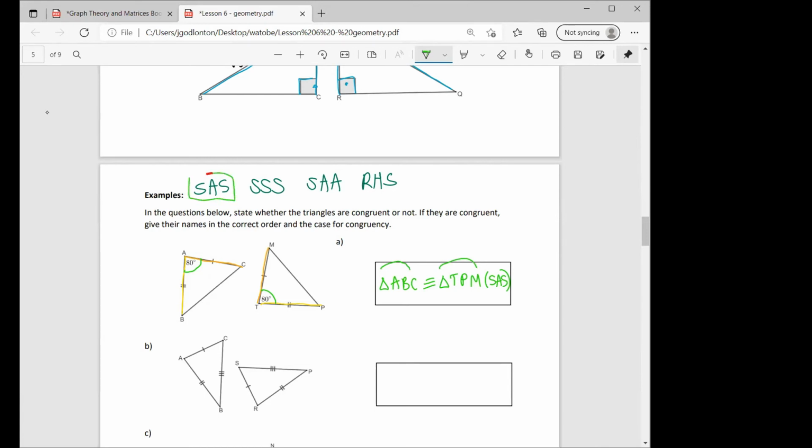So either it's side, angle, side, like that was how it was in this first question, or side, side, side, if they've given you all three sides, side, angle, angle, if they've given you one side and two angles, or RHS, if they've given you a right angle, a hypotenuse, and a side. Yes, ma'am. Thank you. Okay, no problem. Is your hand up from before, or is it a new hand? An older hand, ma'am. Okay, no problem.